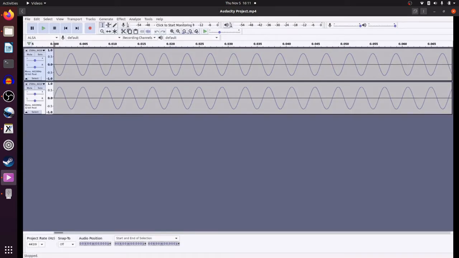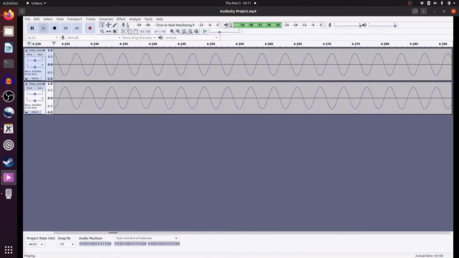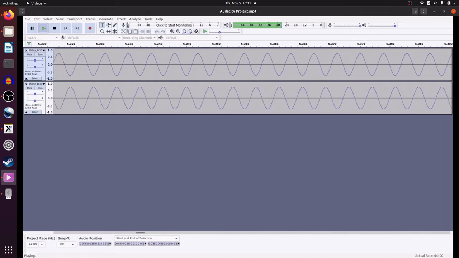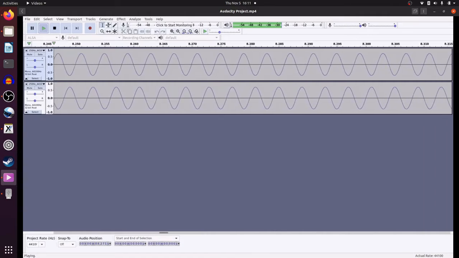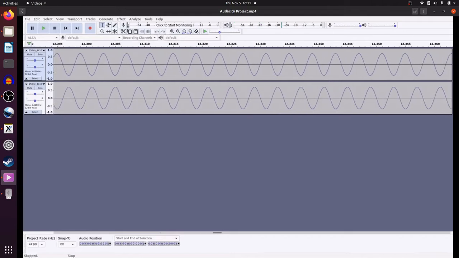What happens when the trough of one wave lines up with the ridge of another wave? The answer is that you will hear nothing. Since the trough of one wave is lining up with the ridge of the other wave, the two sound waves cancel each other out. Now I will cut a little bit of one wave and then play them simultaneously to see if I'll hear a sound.